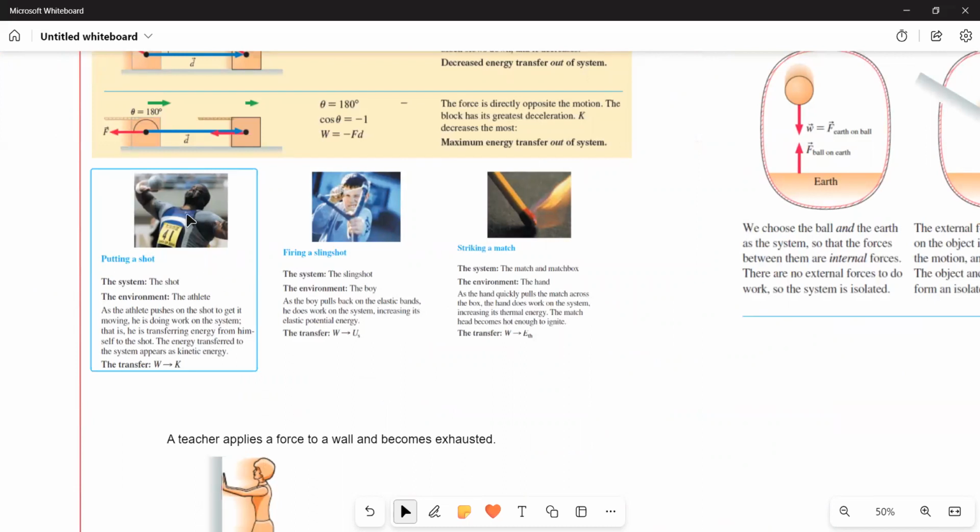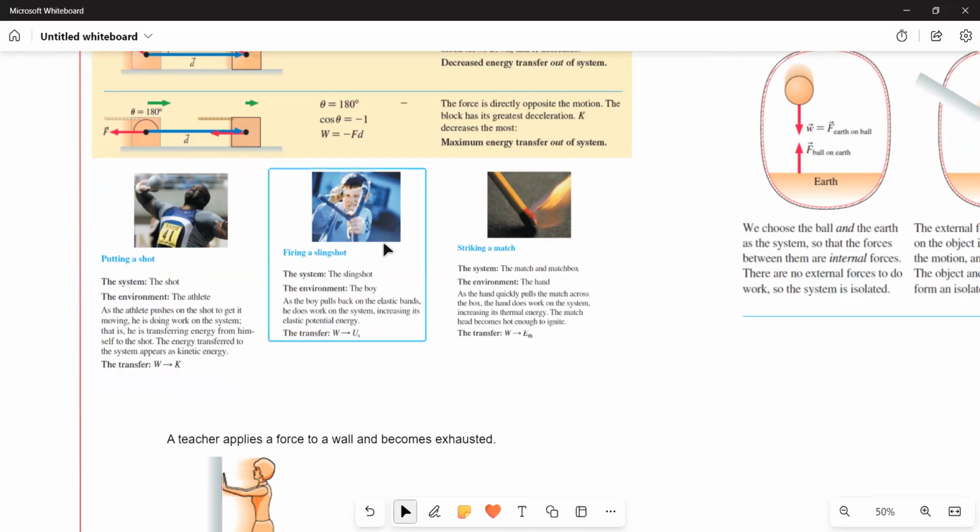What he is doing is giving a swing to the shot and then throwing it. So here he is doing the work on the shot, and that work manifests in the form of kinetic energy. So work is done on the system by the environment, or by the surroundings. So energy is transferred from the surroundings to the system.